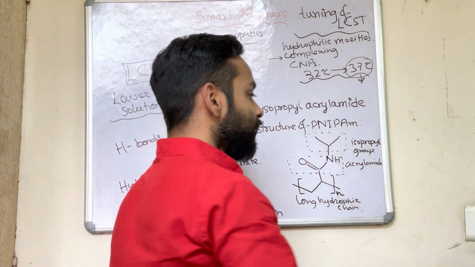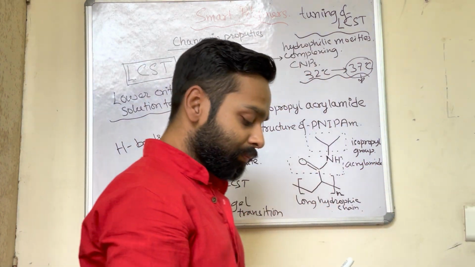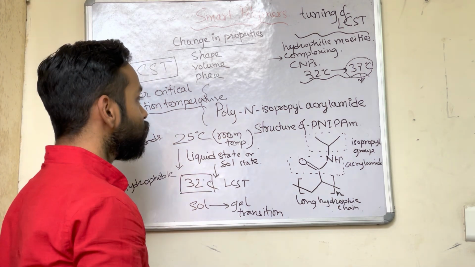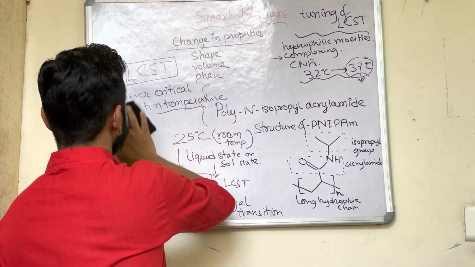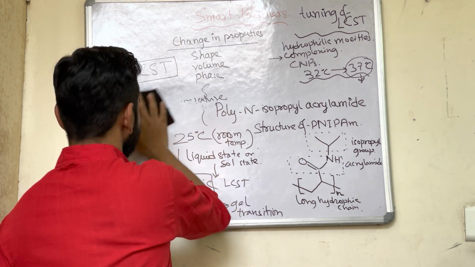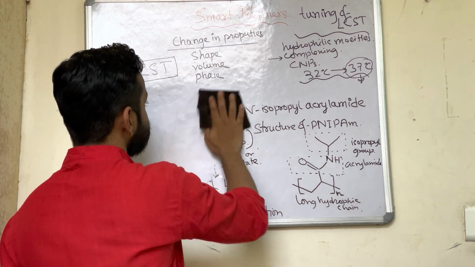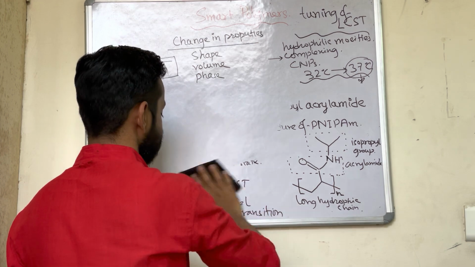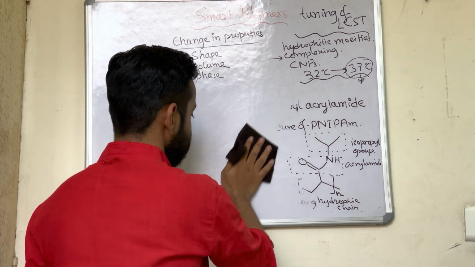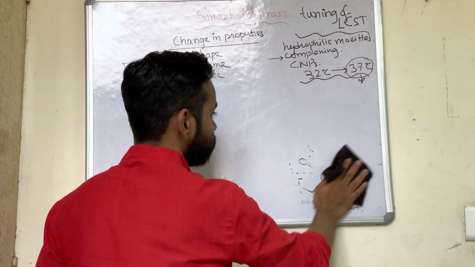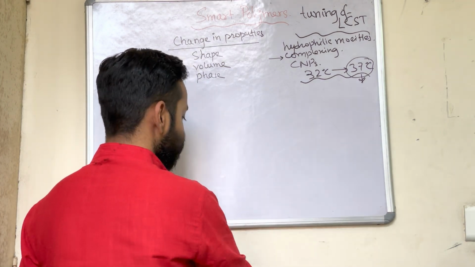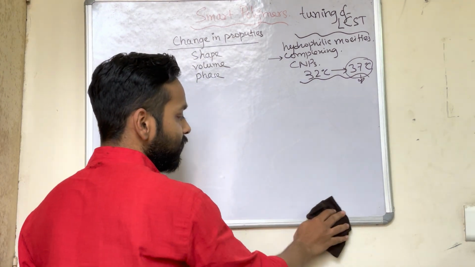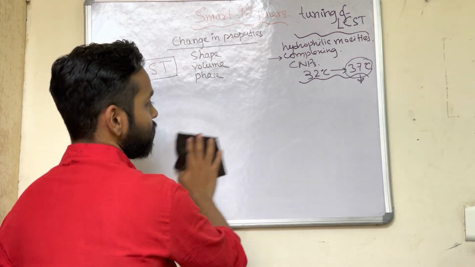So we'll be looking at two potential applications or potential uses of this PNIPAm polymer. One would be its application in engineering tissue culture approaches.